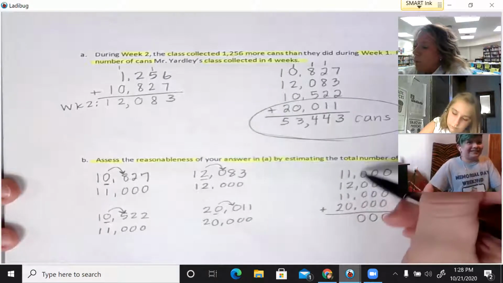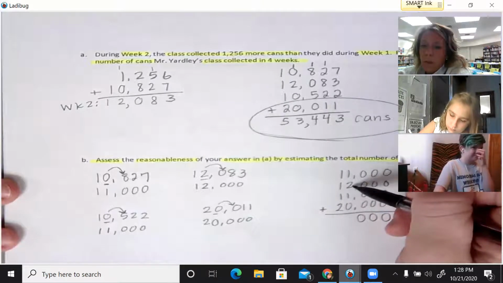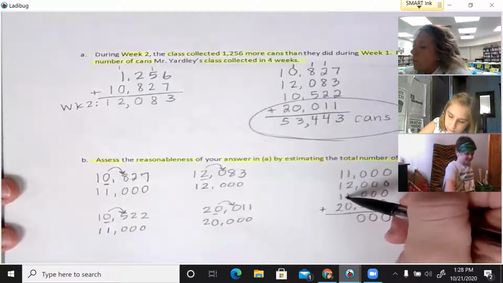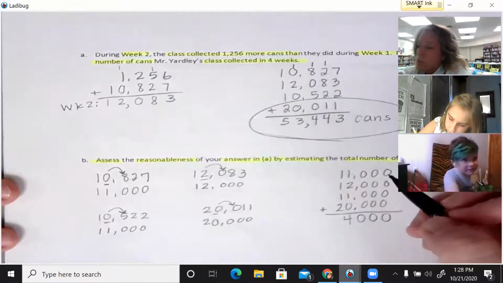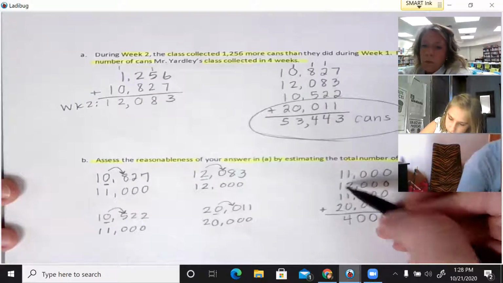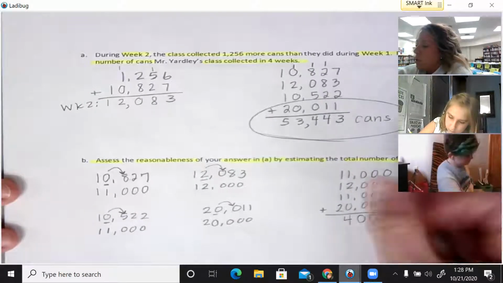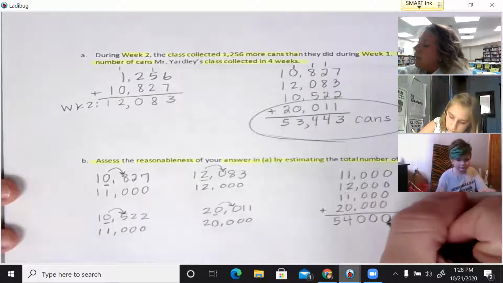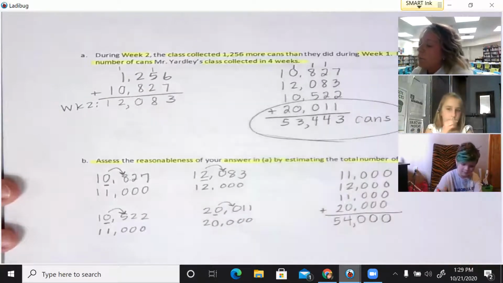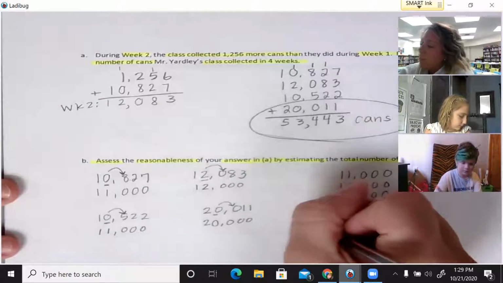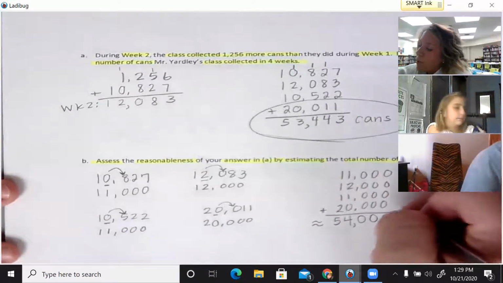Then we have 1 plus 2 equals 3. 3 plus 1 equals 4. Plus 0 stays 4. And then I have 1 plus 1 equals 2. 2 plus 1 equals 3. 3 plus 2 equals 5. Count for my comma. 1, 2, 3 over. Insert my comma. So my estimated amount is about 54,000 tickets.